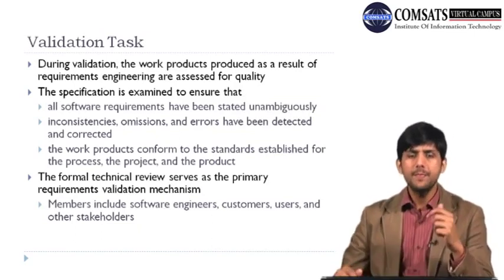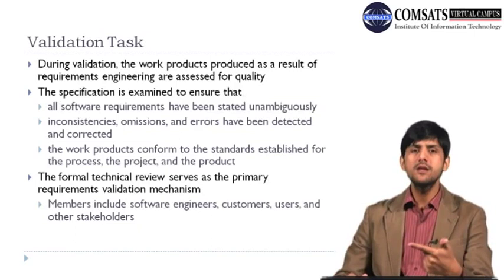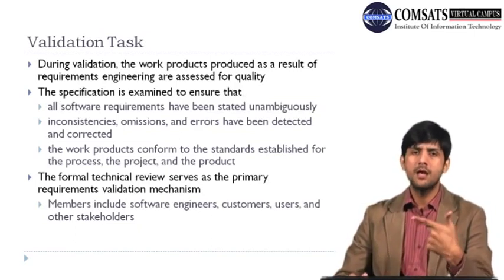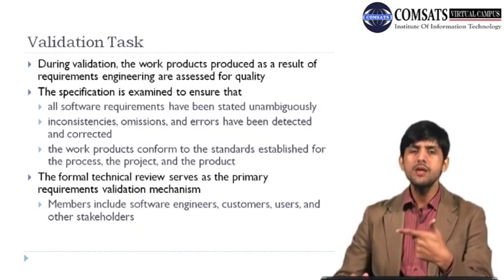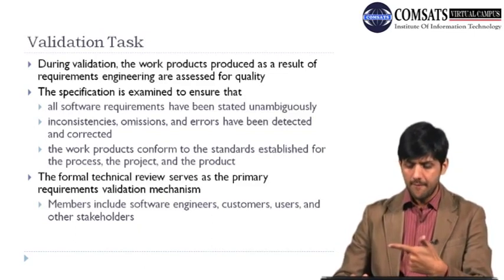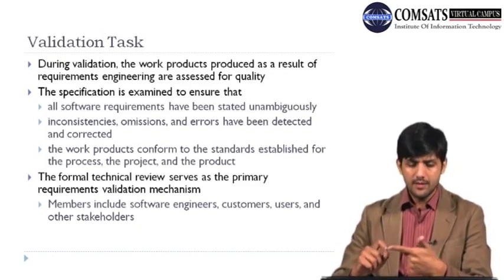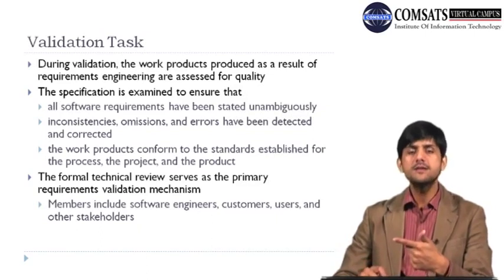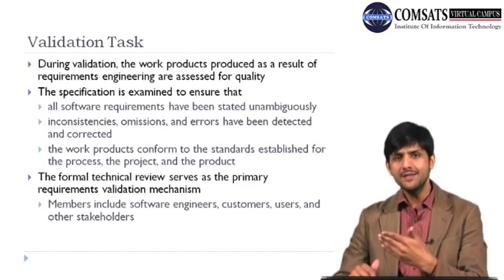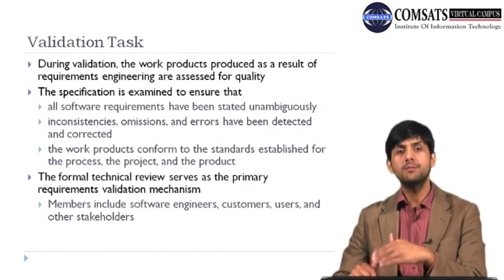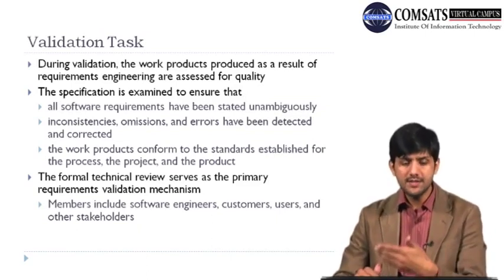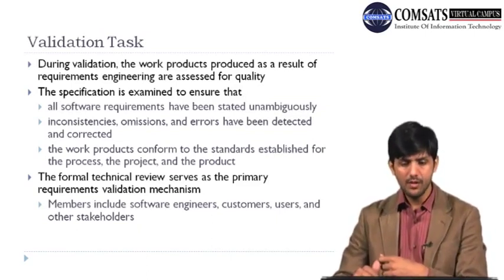Now we want to ensure that whatever we have written in that SRS document is unambiguous. So there shouldn't be any ambiguities in the document. There should not be any errors or omissions in the document. And the final thing that we check for is that if we have any established standards for the project, which maybe can be imposed by the client, then our document is actually meeting all of them.